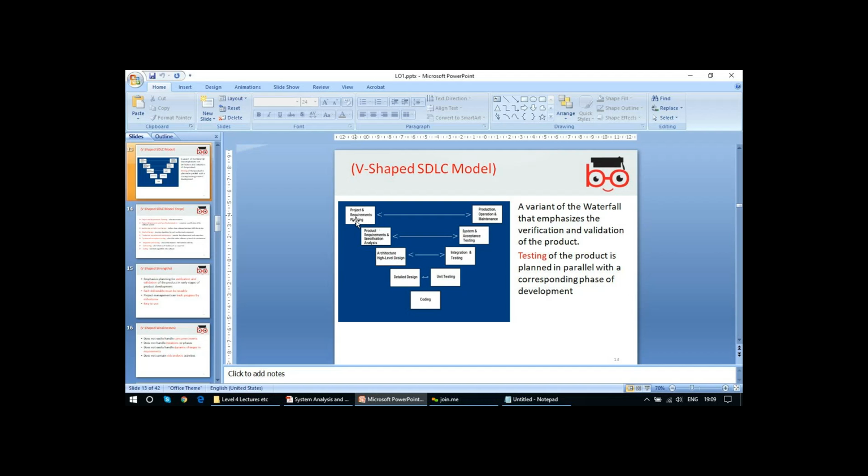So what happens? Requirement, specification, design, coding, testing. At every stage, you verify and validate whether you are doing it right or not. Is that clear? Yes, because the arrows are going across. The arrows continue through coding, unit testing, integration testing and system acceptance testing.